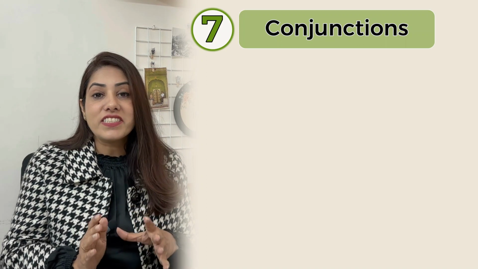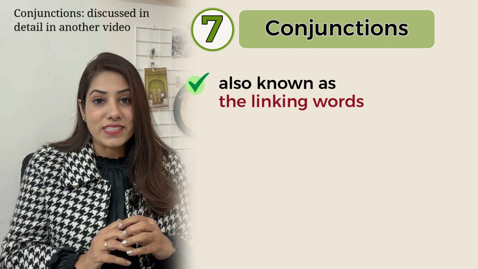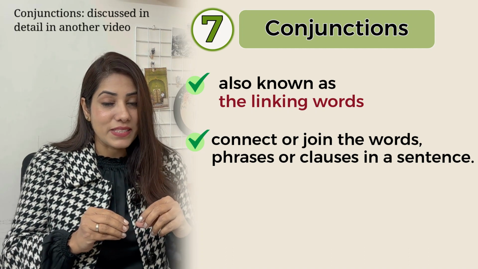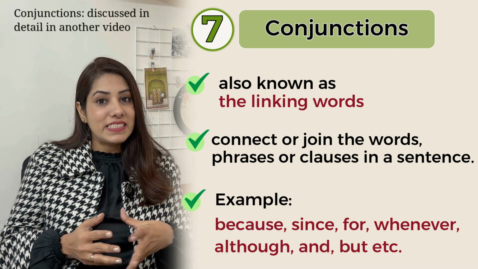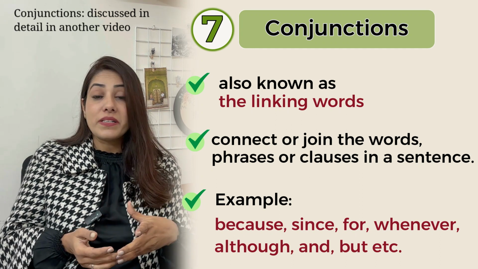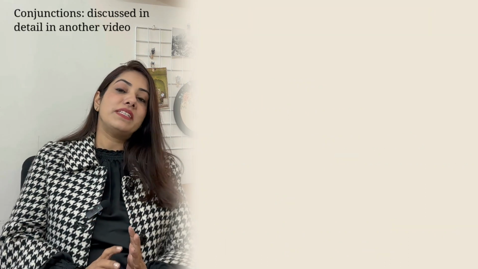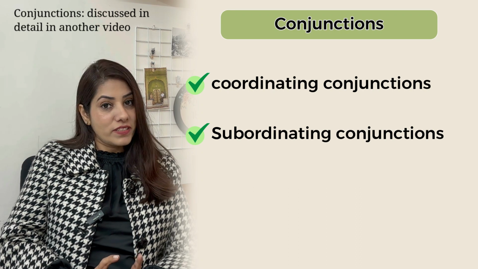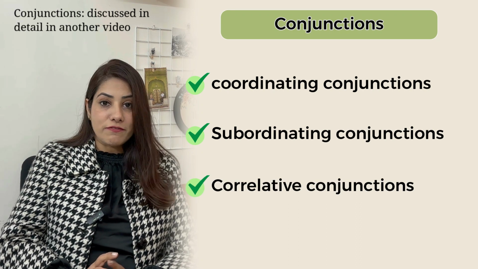Conjunctions. Conjunctions are also called the linking words. They connect the words, phrases or clauses in a sentence, like because, since, for, whenever, although, or, but, and. There are mainly 3 kinds of conjunctions: coordinating conjunctions, subordinating conjunctions, correlative conjunctions.